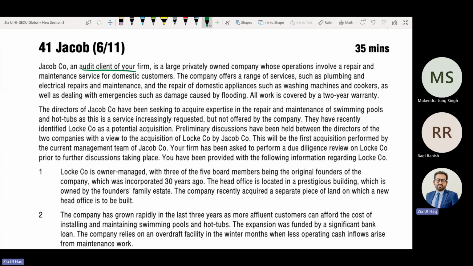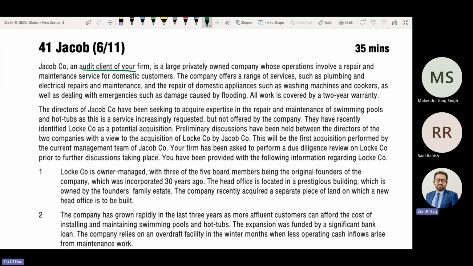The company offers a range of services such as plumbing and electrical repairs and maintenance, and the repairs of domestic appliances such as washing machines, cookers, as well as dealing with emergencies such as damage caused by flooding. All work is covered by a 2 years warranty. This is what our client does.